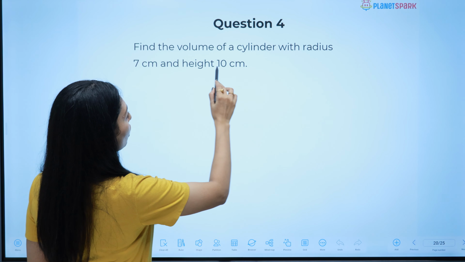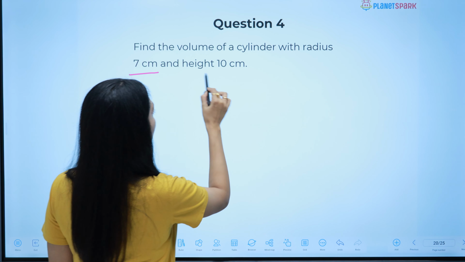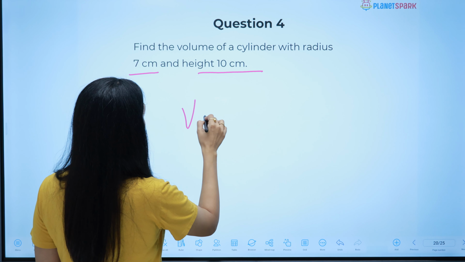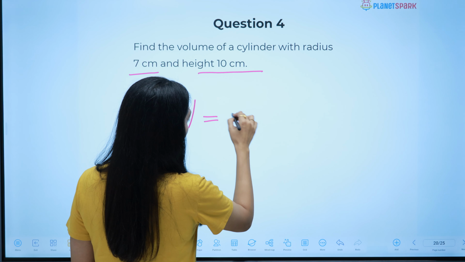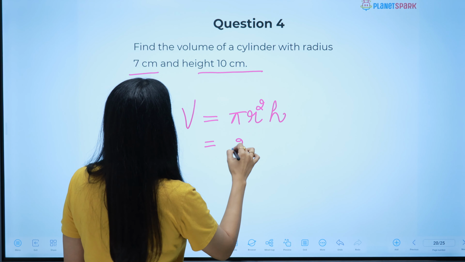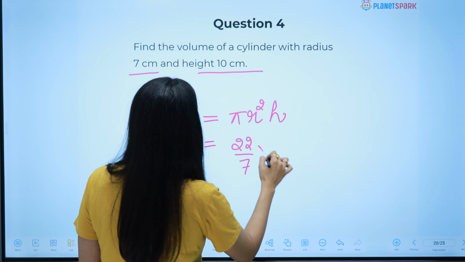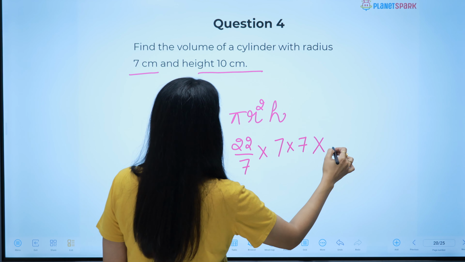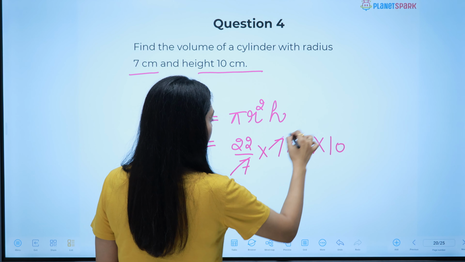Next one. Find the volume of a cylinder with radius 7 centimeter and height 10 centimeter. Now what do we have? A cylinder. For cylinder, what is the volume, everybody? Given by pi r square h. That's it. Put all the values there. 22 by 7 into radius square. Radius is 7 into height, that is 10. This gets cancelled out.